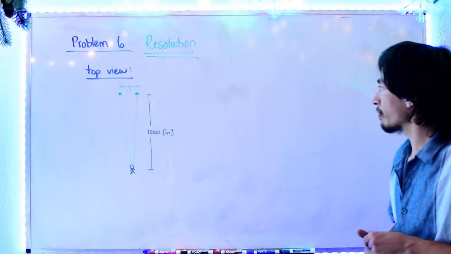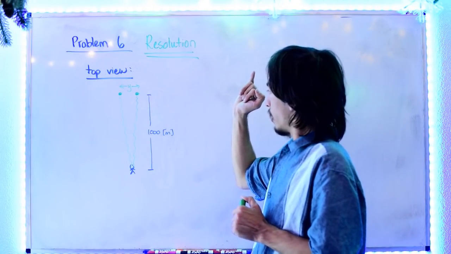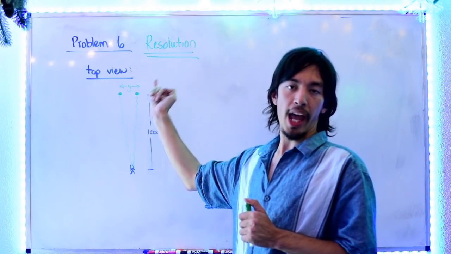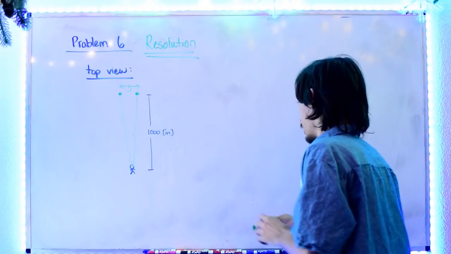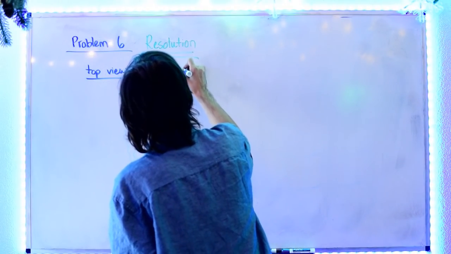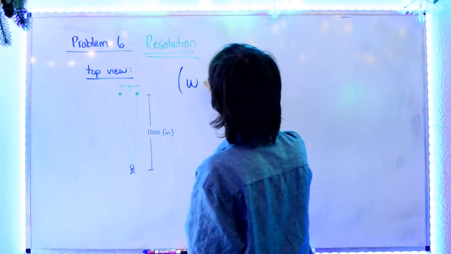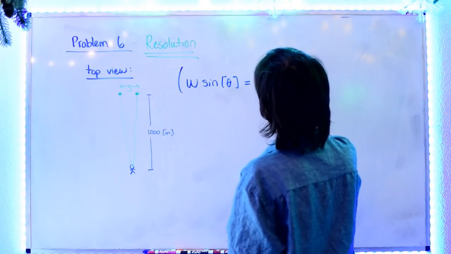Okay. So now, you treat this like a single slit problem with the following modification. The single slit equation is W sine theta equals m lambda.